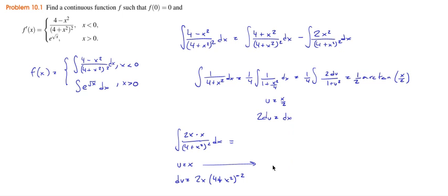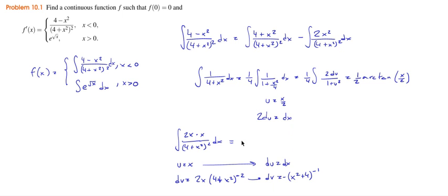So now here we have du is dx, and now the primitive of this is going to be (x squared plus 4) to the minus 1 divided by minus 1, right? Exactly.